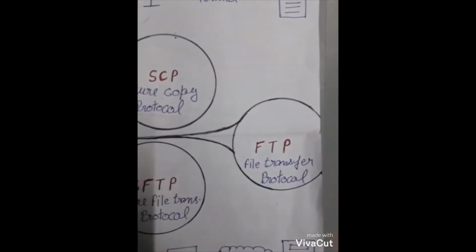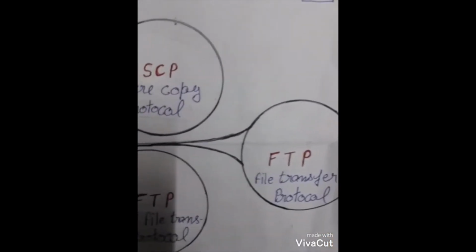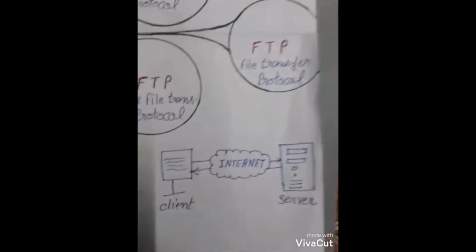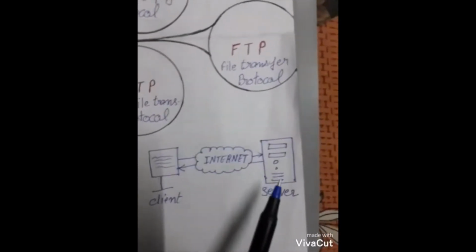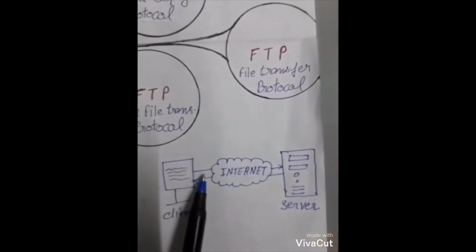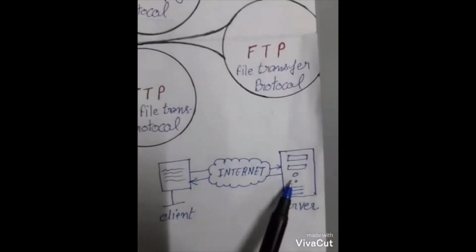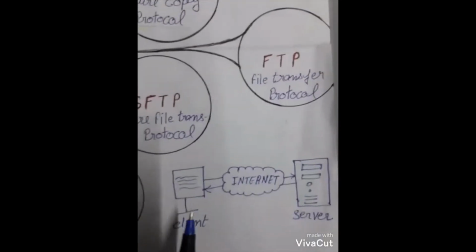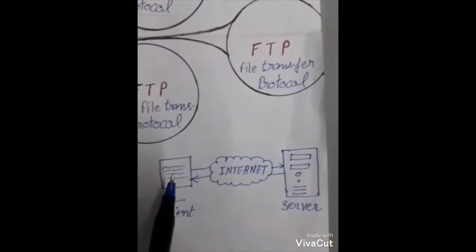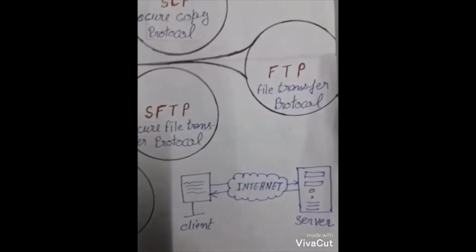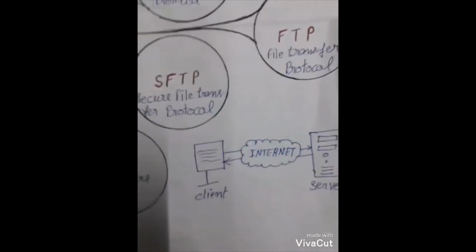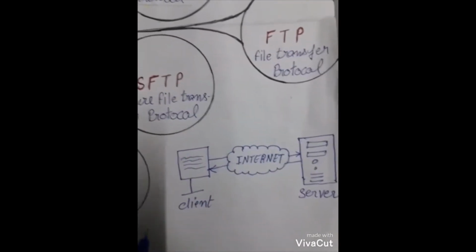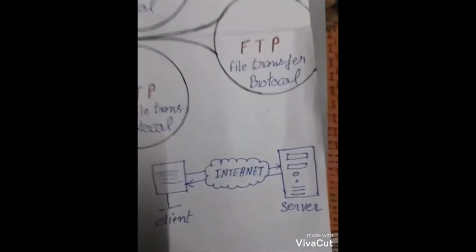Unlike some protocols, it does not allow any kind of communication between the computers. Here you can see a client and a server, and these two devices are connected with the help of the internet. It is used for sharing and receiving data like software and files. FTP is used to move software and large text files across the internet.